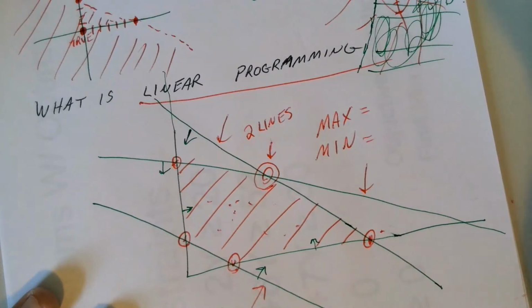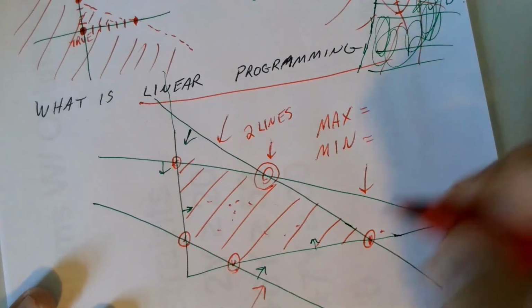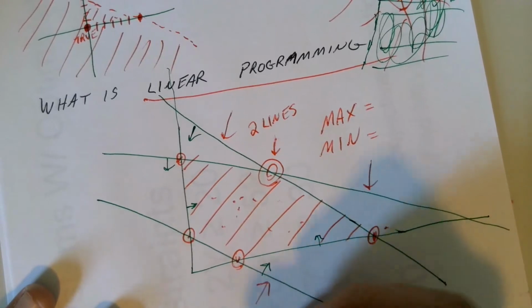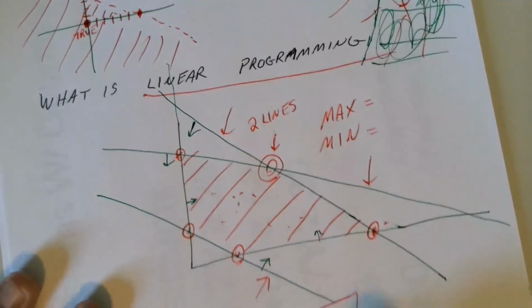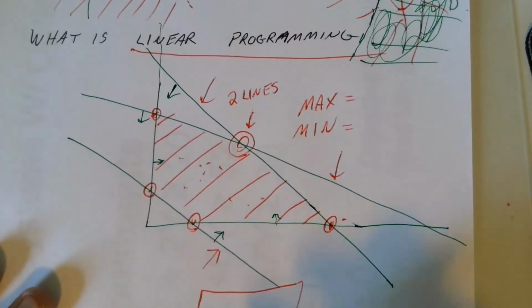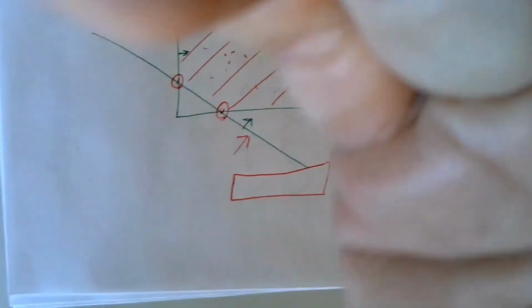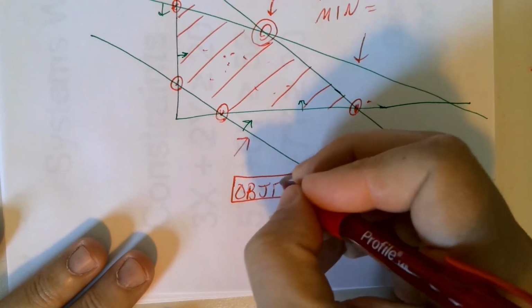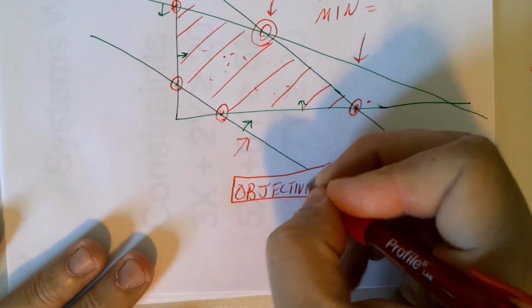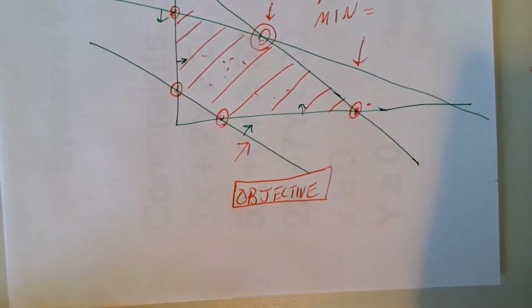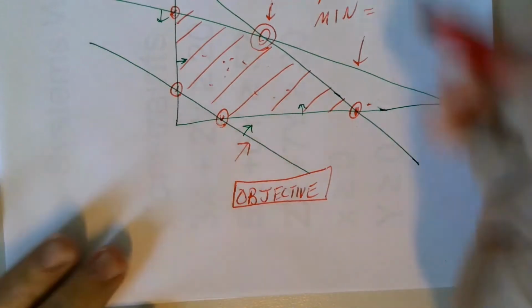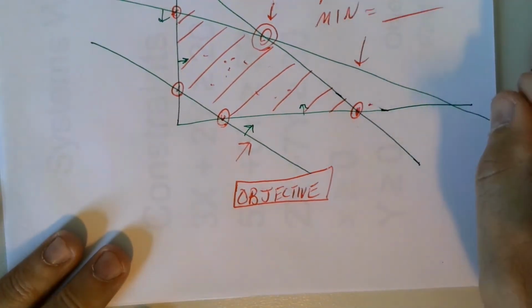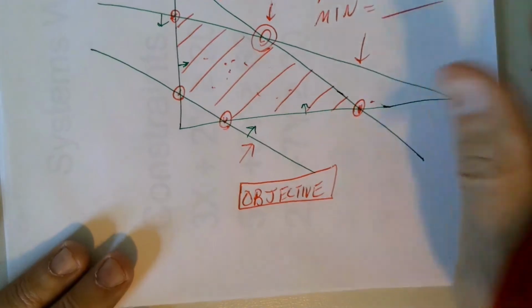Whatever I want to do, I could use those points and plug them into what's called an objective function. What's my goal? Maximizing or minimizing stuff. Plug it into this thing called an objective function, and we'll get a solution. We're going to find out which place is the best, the maximum or the minimum for that one. So that's the general thing.